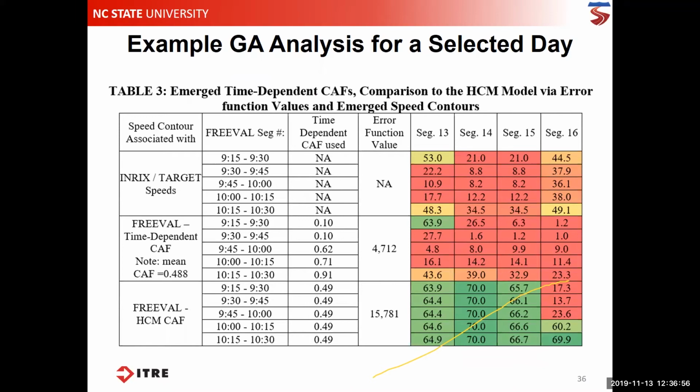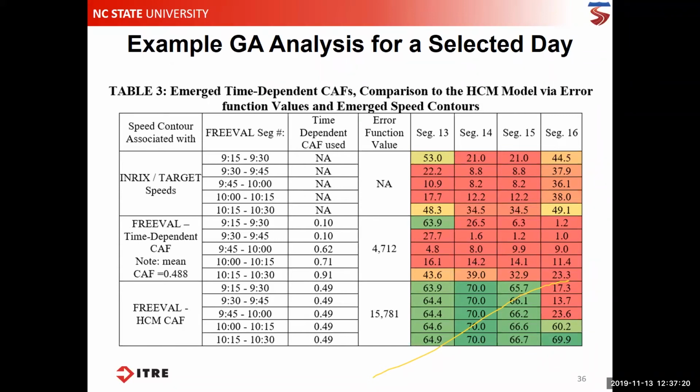Then here I'm showing an example of our implementation of our revised GA model on one of these days. In this table I'm showing three different speed contours. The top one shows what we are seeing from INRIX, our probe-based data source, in terms of speed.